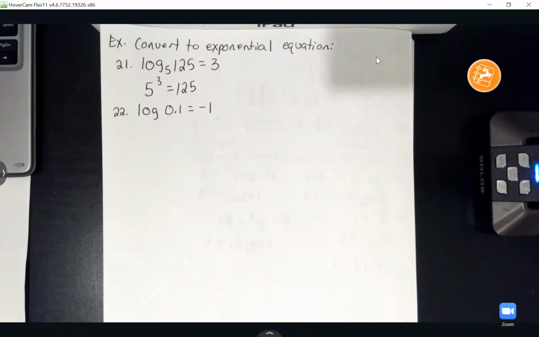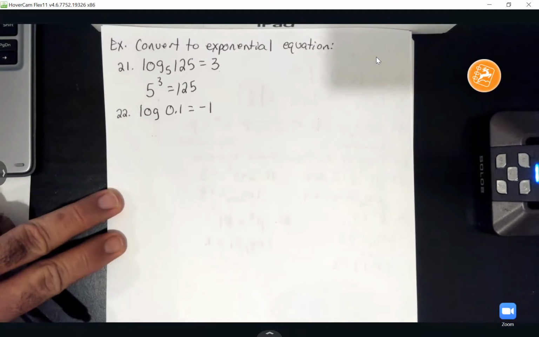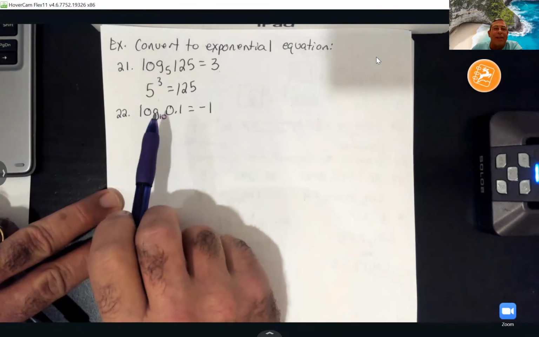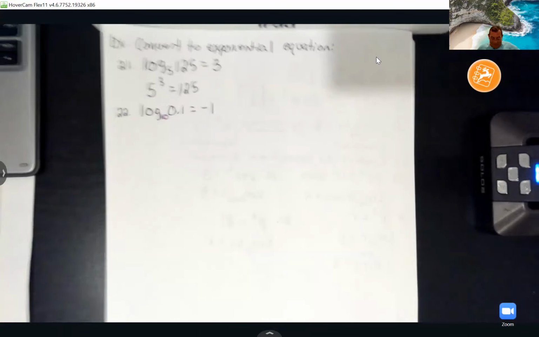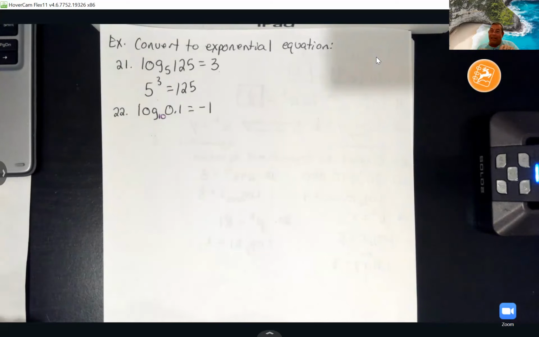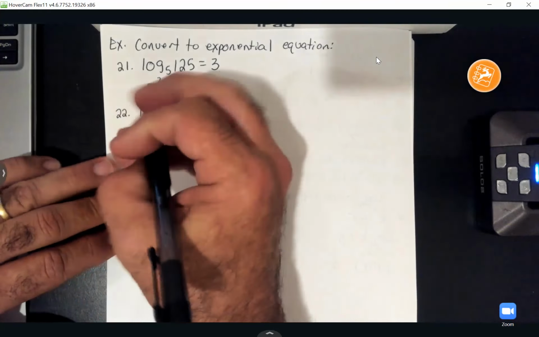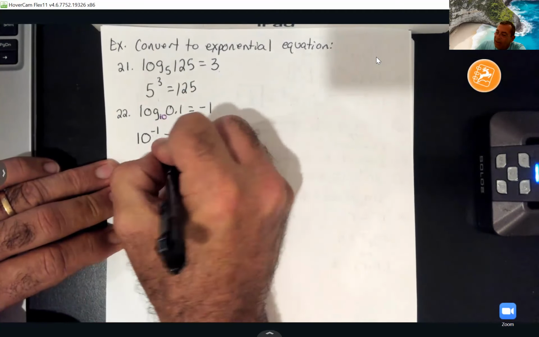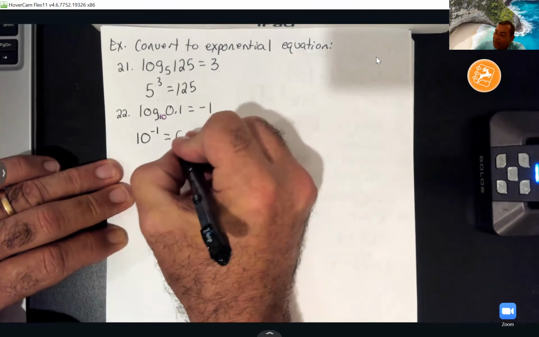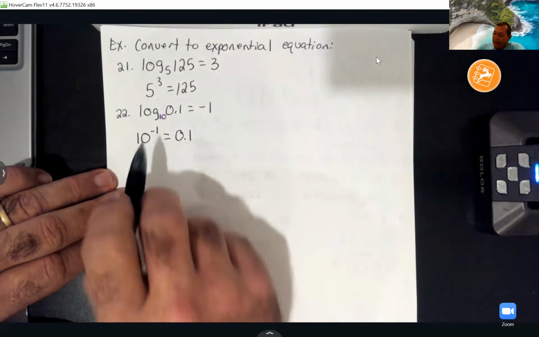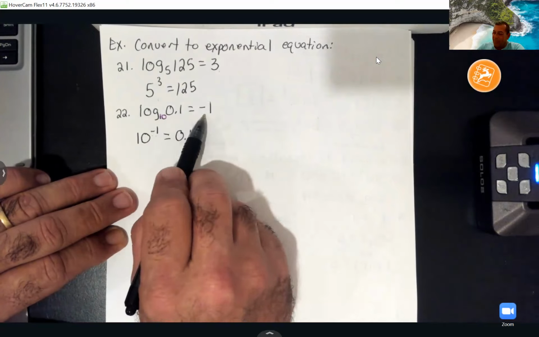E? No, that's the natural log. If there's not a number shown, y'all, it is a 10. So the log is a log base 10. The ln is the log base e. So your base is the 10. Raise that to the power of -1, and that's going to equal that result of 0.1. So just remember, base, result, exponent, okay?